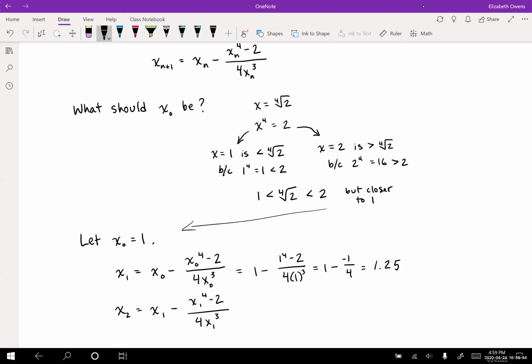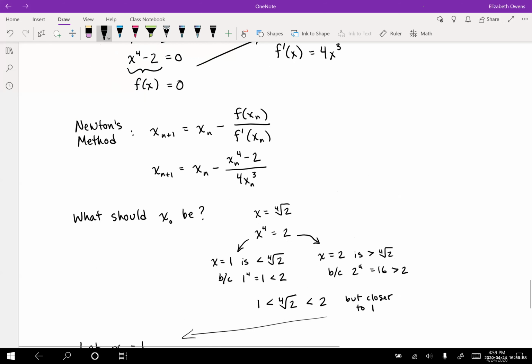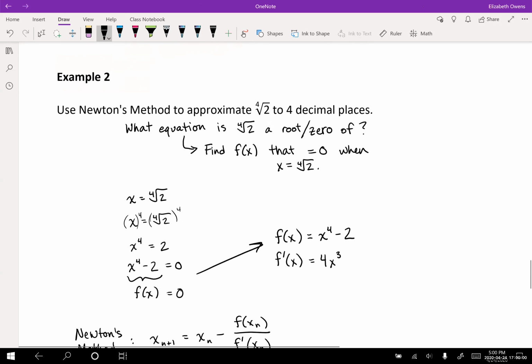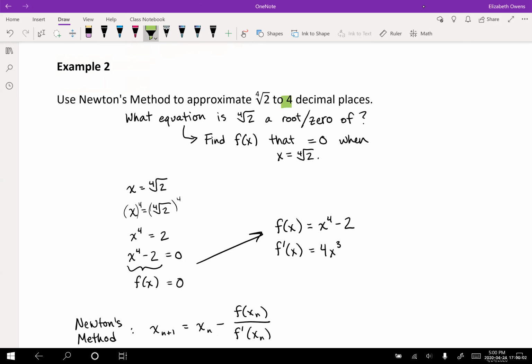Newton's method is nicely designed for calculators. Let's take advantage of that. Okay, so let's go over to our calculator here. And how many decimal places are we going to? We are going to 4 decimal places here. Okay, so let's make sure we keep that in mind.